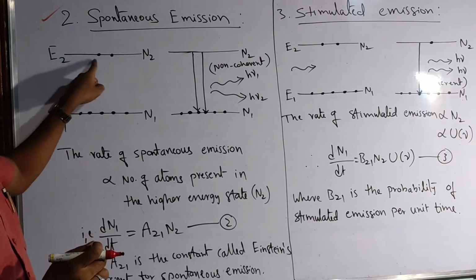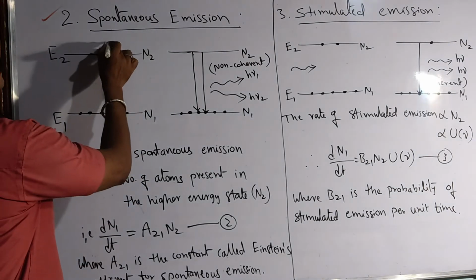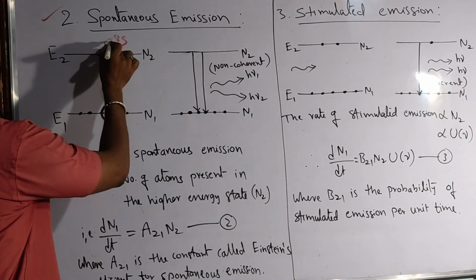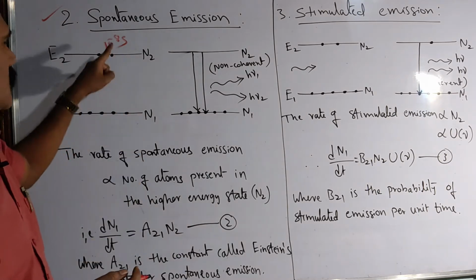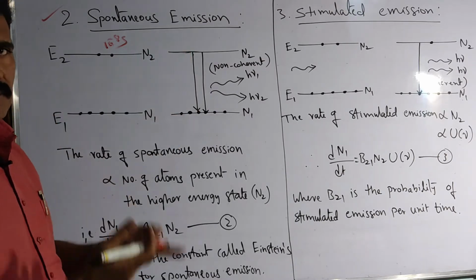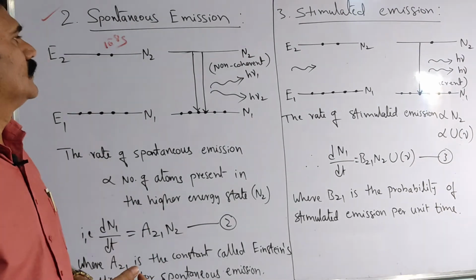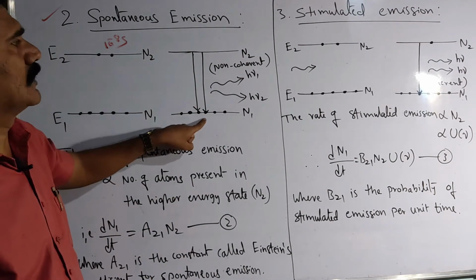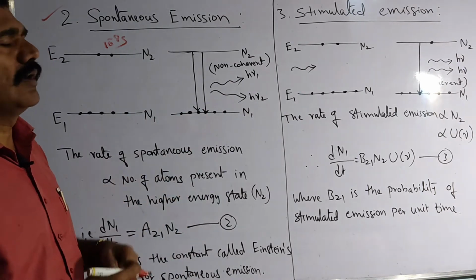The atoms cannot stay in the excited state for a long time. Within the order of 10 to the power of minus 8 seconds, the atoms will come down to the ground state. In that short duration, if the atoms come down by themselves, that property is called the spontaneous property. Due to this downward transition of the excited atoms, the absorbed energy is emitted in the form of photons.